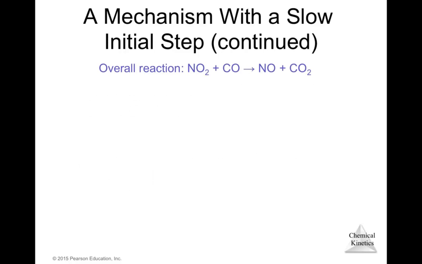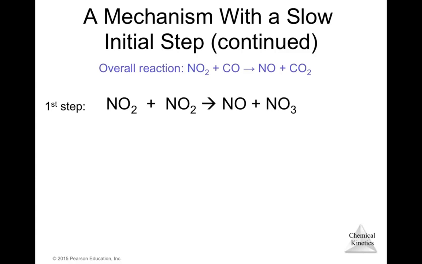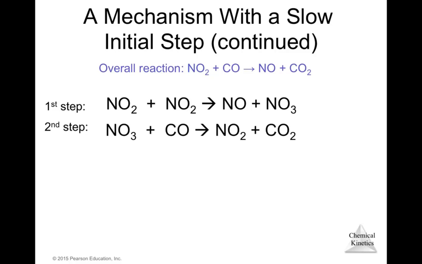So we have here the overall reaction, our step number one, the first step, that in this case was the rate limiting step, and our second step. So what happens if we add both steps? As we mentioned before, the intermediate, in this case the NO3, is produced in this step and consumed in this reaction, so they cancel because they are not part of the overall reaction.